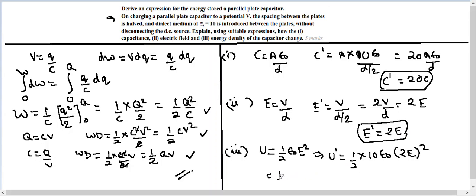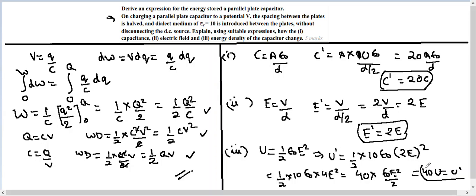So half into 10 epsilon naught into 4E square. So we can change our formula as 40 into epsilon naught E square by 2. That means 40 into U. So our U dash is equal to 40 times the initial energy density.